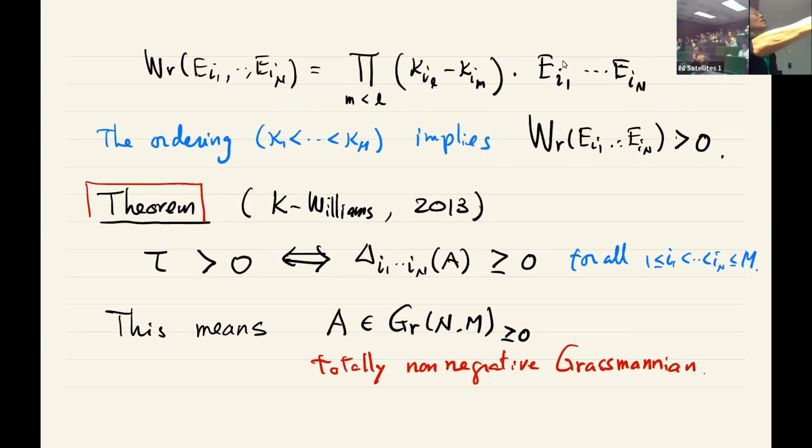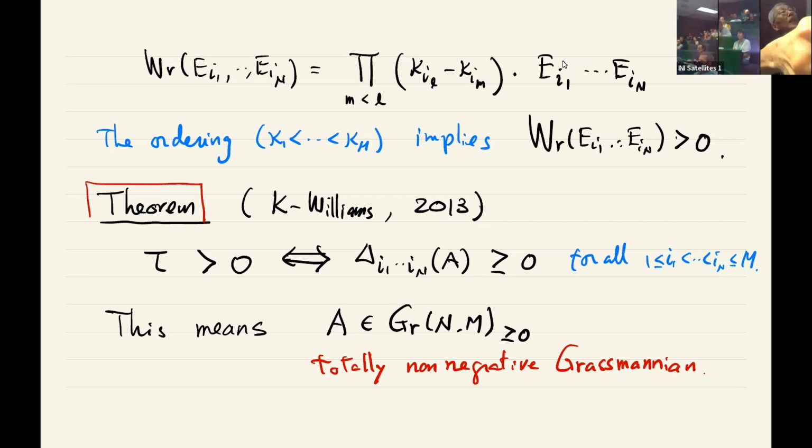Okay, so now this I1 to In part, you can put in this way. Then the ordering implies the Wronskian part of the exponential function becomes positive. So the theorem says that tau is positive if and only if the coefficients are non-negative.